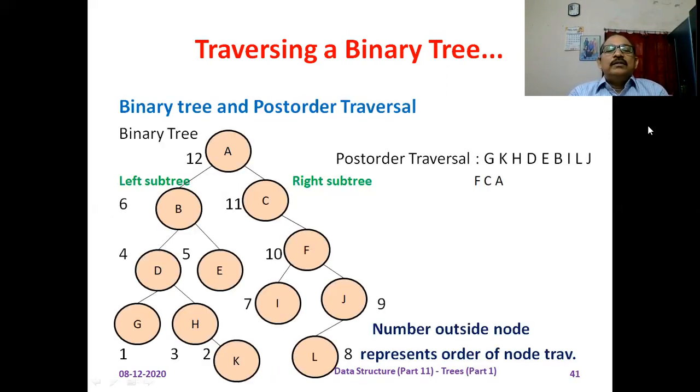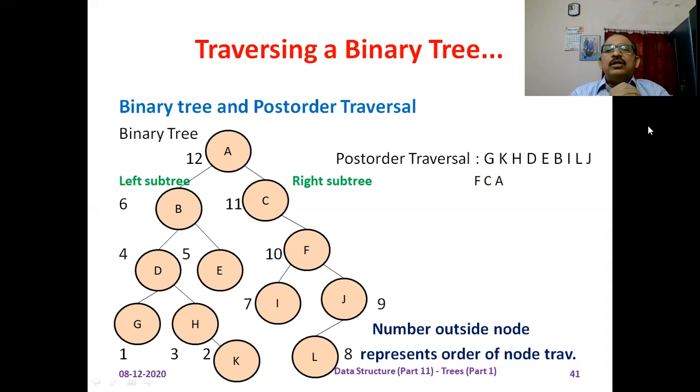Let us see how we find out a post-order traversal sequence of a given binary tree. Now, the root node is A. So we start the calling of post-order traversal algorithm with root node A. What is the first step?